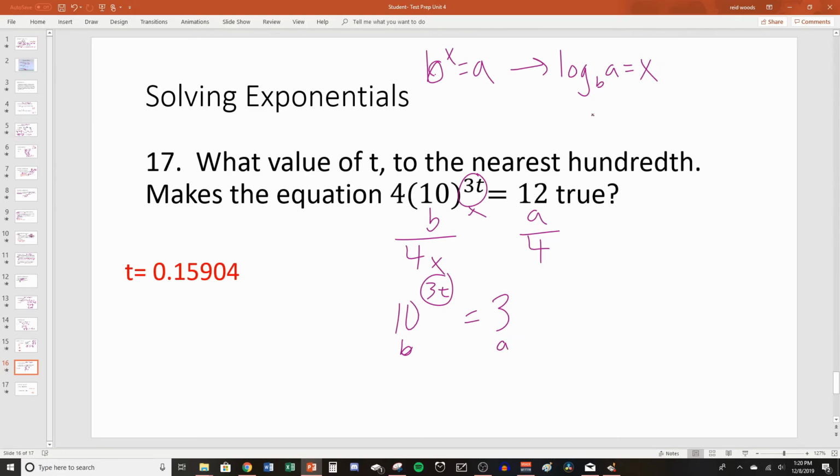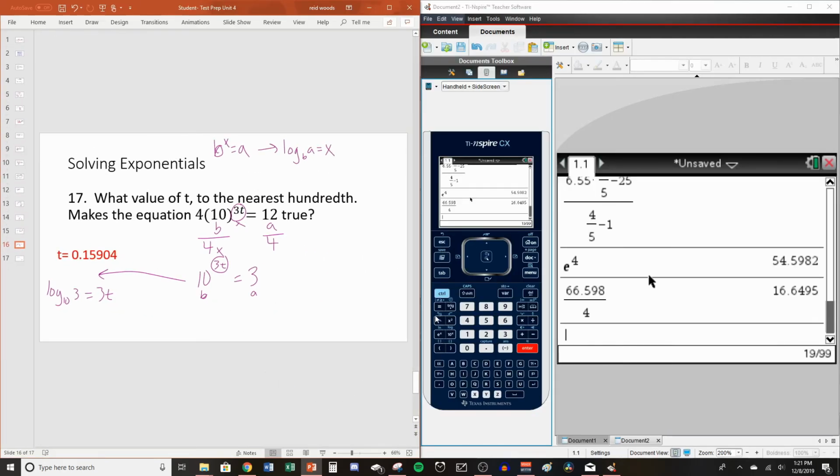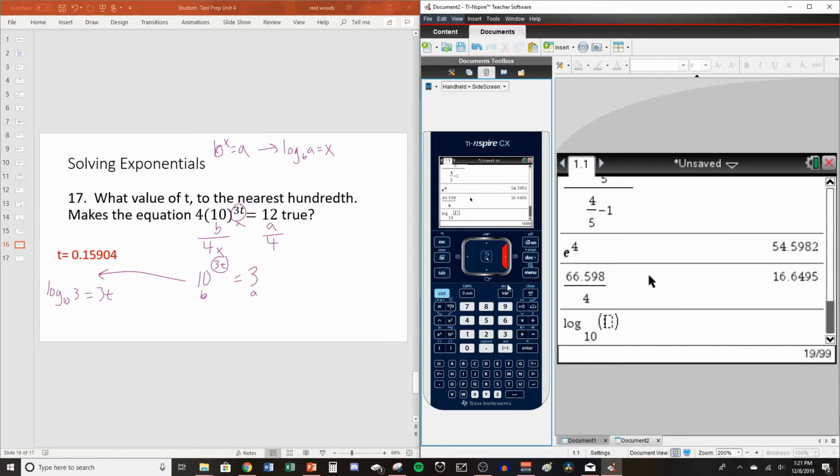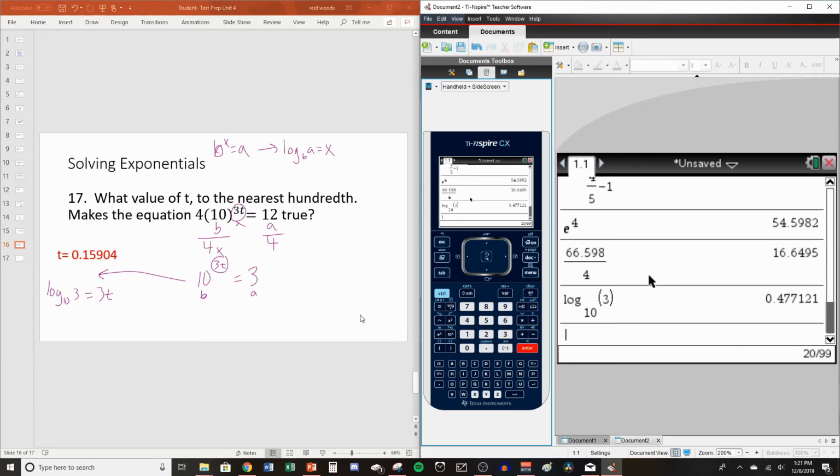Let's change it to a logarithm. That's going to get us log base 10 of 3 equals 3t. So let's grab the calculator. Type that in, 10 to the x, we'll put in 10, 3. That's 0.477.